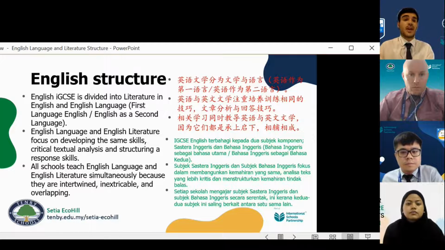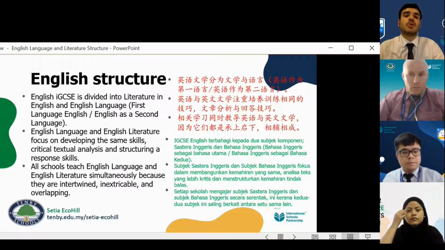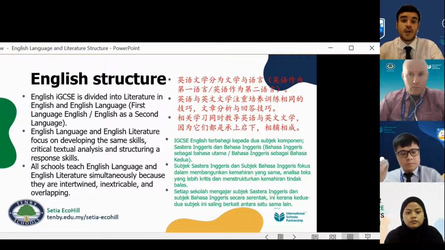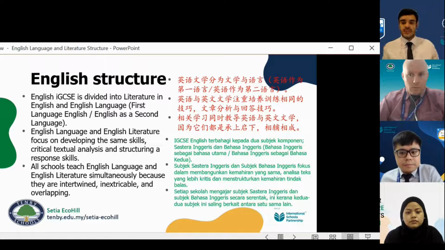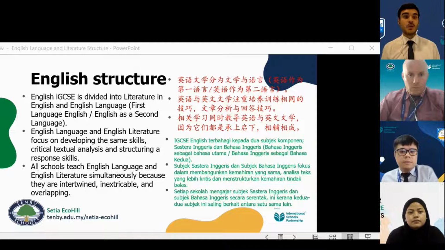All schools I've ever spoken with or worked at teach English language and English literature simultaneously because they are intertwined, inextricable, and overlapping. You cannot separate these two subjects. They are equally codependent. In the language paper, you need to write narratives. We can't write a narrative unless we're familiar with literary texts. They go hand in hand.